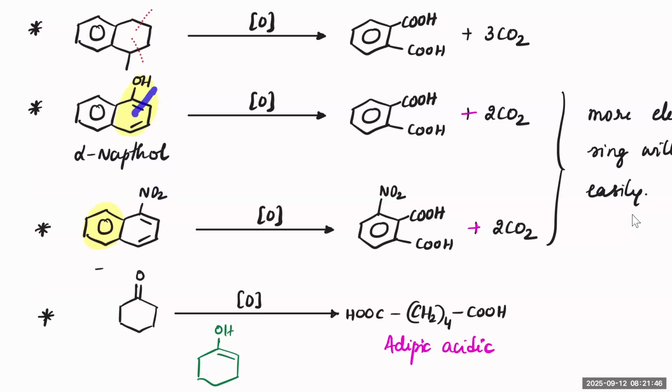So that means this bond will break, leading to phthalic acid. But if you compare the next case, wherein this ring is more activated than the nitrobenzene ring, nothing will happen here, correct? Oxidation will take place here. So you have to break it here. As you break that, the nitro will be preserved on this benzene ring, and this benzene will break and convert into COOH.